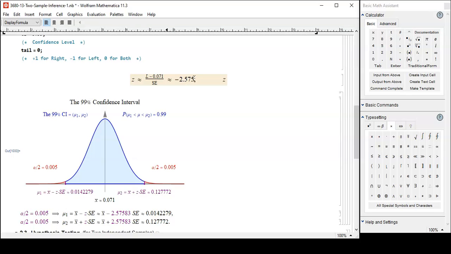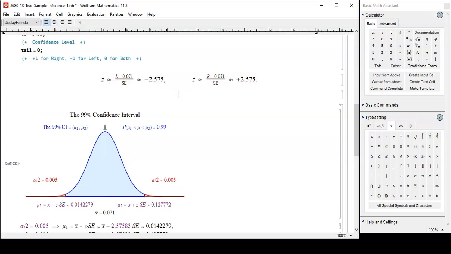And the z-score for the right-hand side endpoint, by symmetry, is going to be positive. And thus we can solve for L and solve for R.